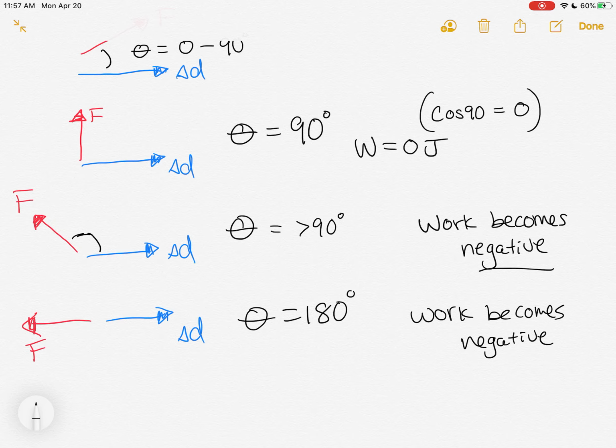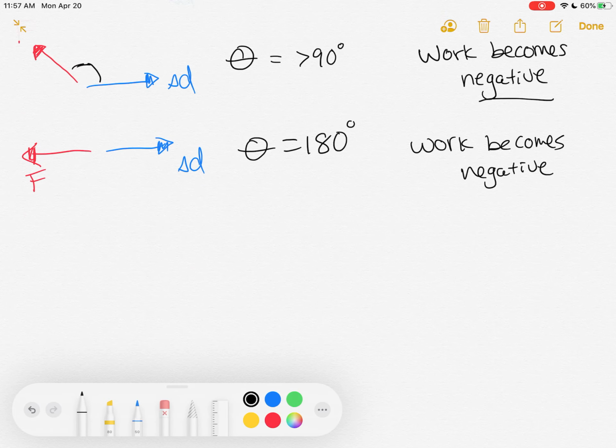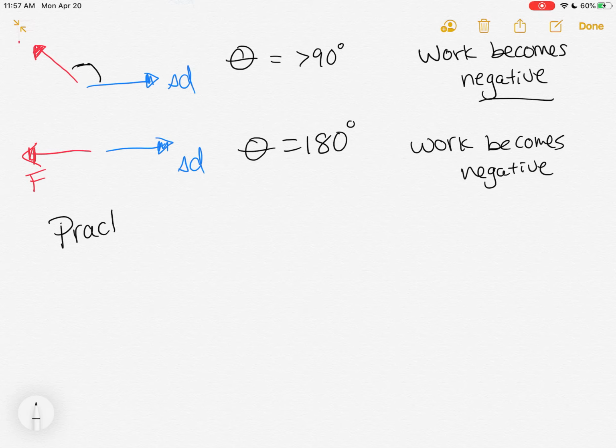And so we're still going to have that negative work. It's tricky because you really have to draw yourself a picture so you know which direction our force is going, which direction our displacement is going, so that we can use the correct angle in our work formula. So we're going to do a couple of practice questions. So practice number 1.